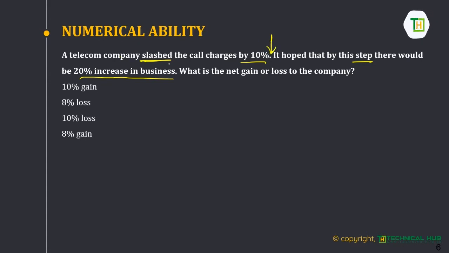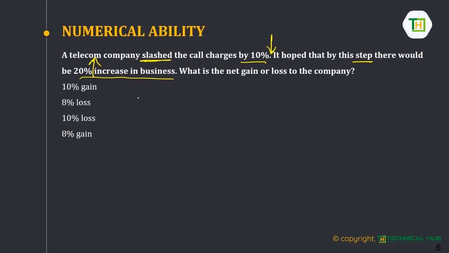A telecom company decreases the call charges by 10%. Definitely, whenever we are reducing the call charges, automatically there is a chance of increasing the business, right? Here the business is increased by 20 percent and call charges are decreased by 10 percent.